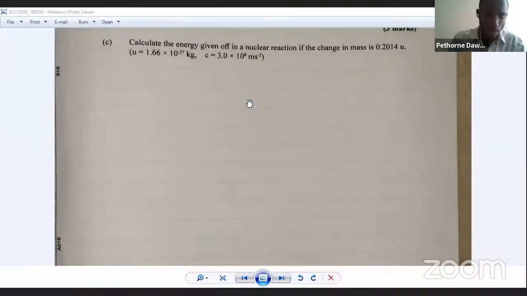Now to find the real value of energy, we'd have to multiply that by the speed of light squared, just 3 times 10 to the 8, and we will square that. And the overall value of energy is 3 times 10 to the negative 11 joules.